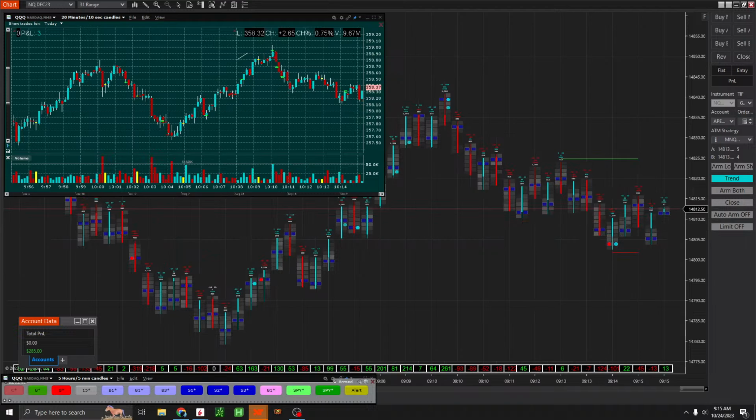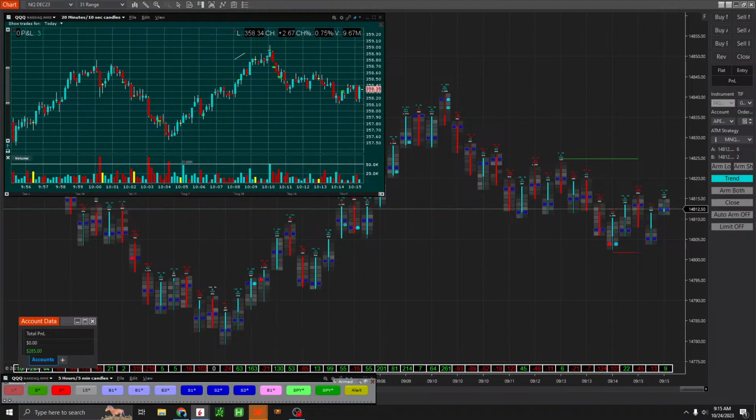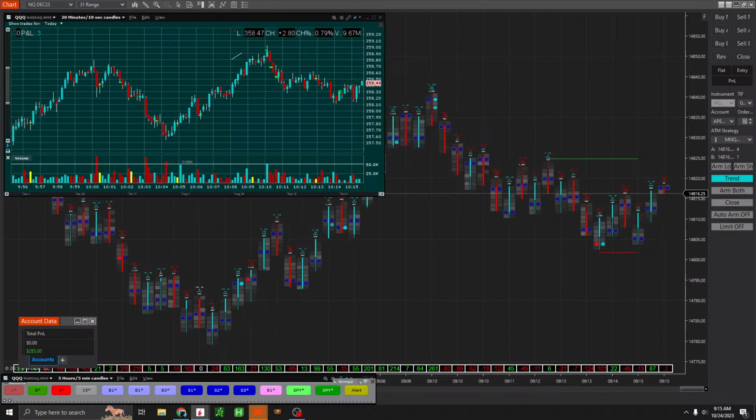Okay, on Leon, I might go short here just to test everything out. Okay, so I went short on Leon, and I'm going to cover just above 2, and my stop is above. I guess my stop should be right there.